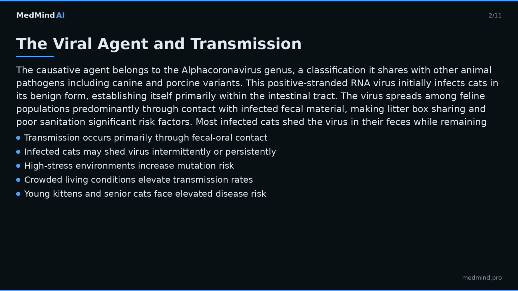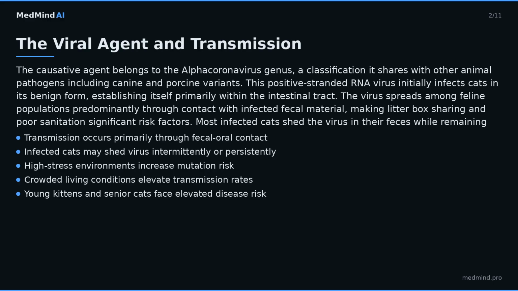The viral agent and transmission. The causative agent belongs to the alpha coronavirus genus, a classification it shares with other animal pathogens including canine and porcine variants. This positive-stranded RNA virus initially infects cats in its benign form, establishing itself primarily within the intestinal tract.